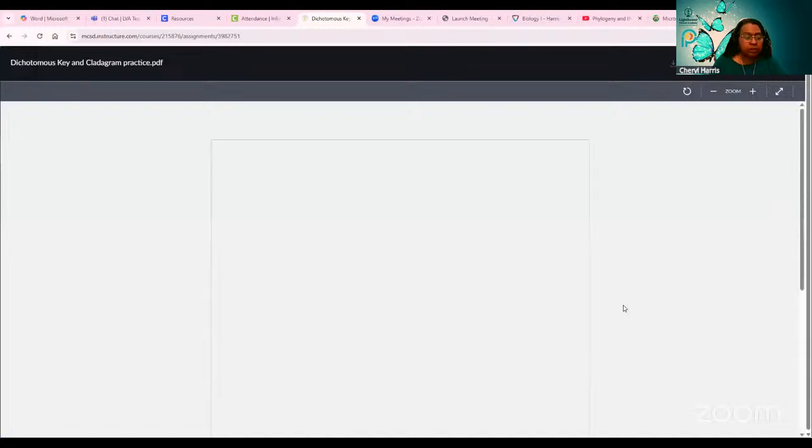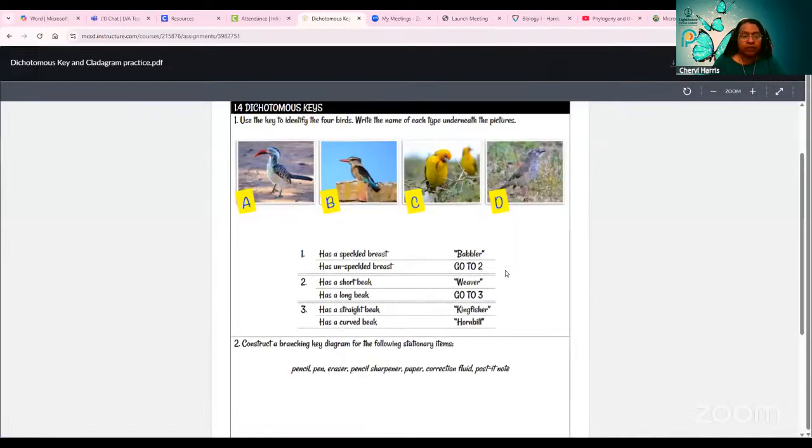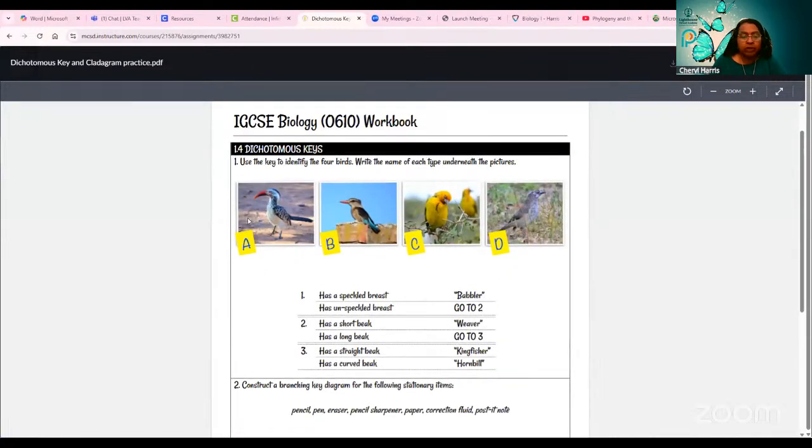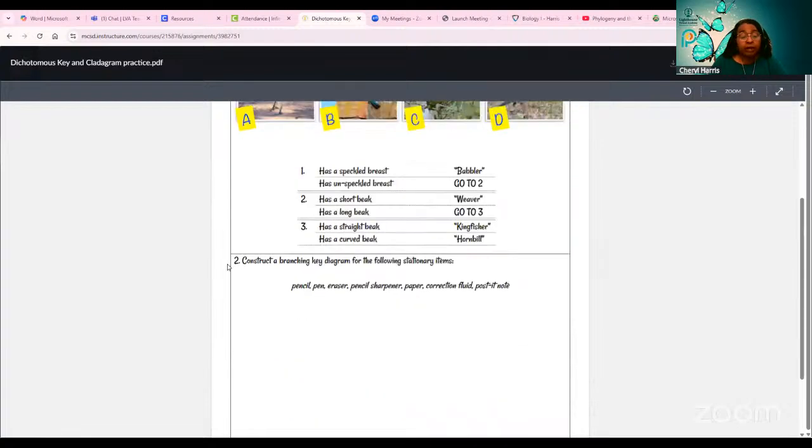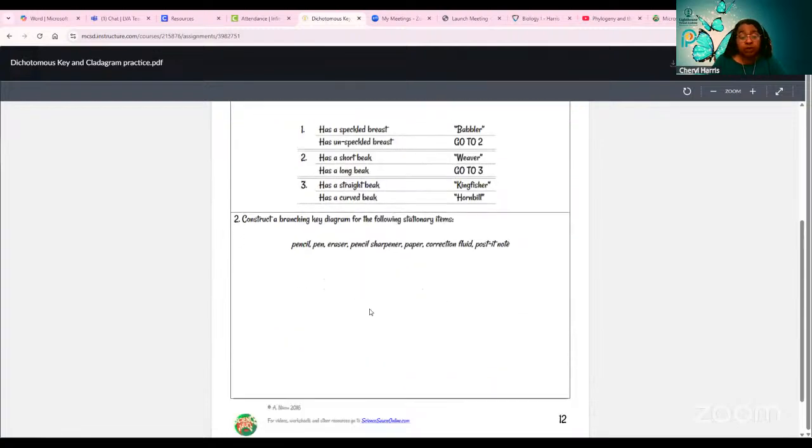And this one is simple. It has 2 things. The first part is similar to what you've already done. So you've got 4 pictures and you've got a dichotomous key. So you need to put the names of these things underneath each picture. So you're going to type that. All right. Then the second one, you are going to create a tree, but this is not living things. It's just random office supplies.